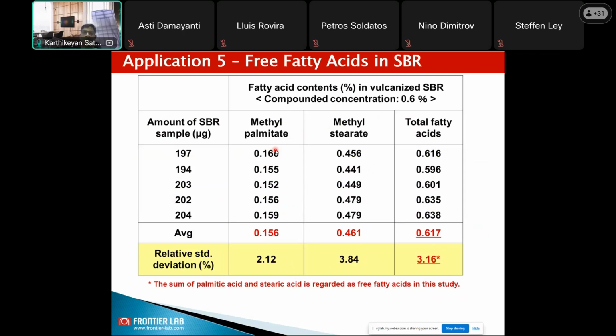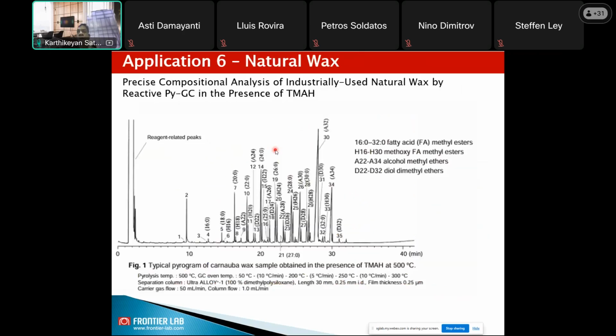This is another example, where the precise composition analysis of an industrially used natural wax is done. Reactive pyrolysis can provide very distinct peaks for the different types of compounds present in the natural wax, starting from fatty acids and methoxy fatty acids, alcohols, and diols.